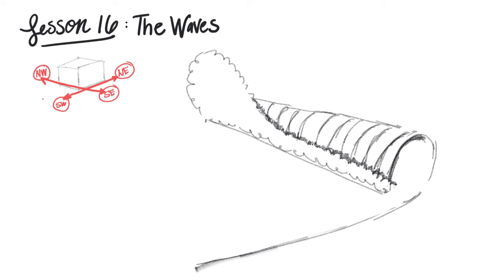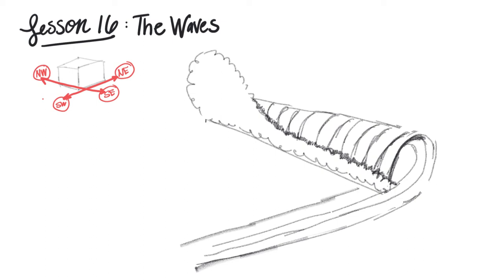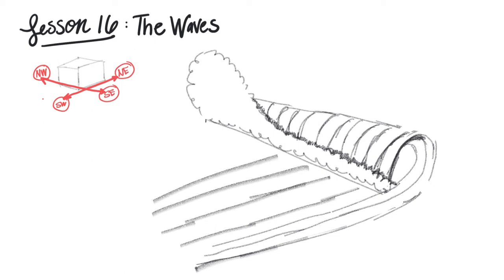So start up here and bring it down. So that's kind of the inside of the wave, and then this would just continue going this way. Probably right about here. Stop.